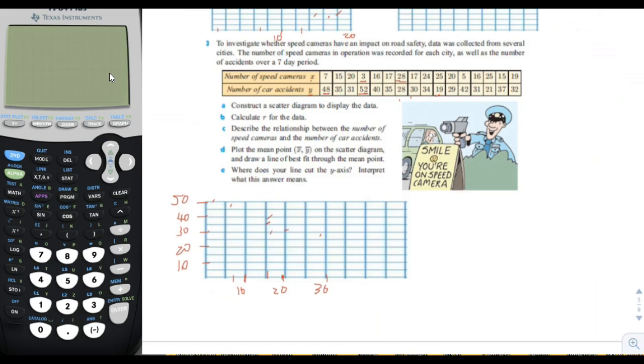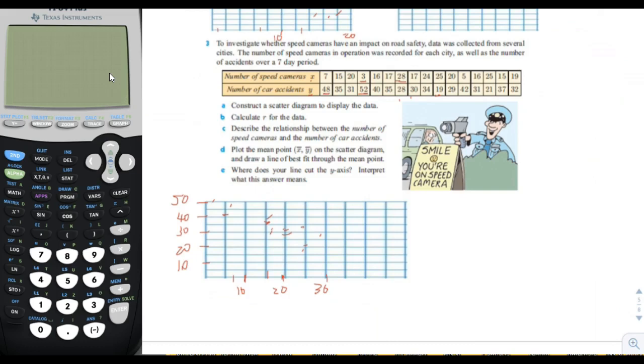There we go. 24, 34 out there. 25, 19 here. 20, 29 here. 5, 42 out there. 16, 31 out there. 25, 21 there. 15, 37 there. 19, 32 here. Okay, so we constructed a scatter diagram.